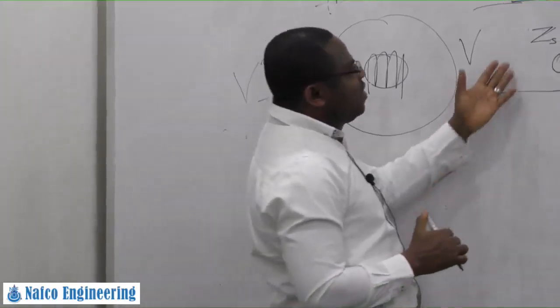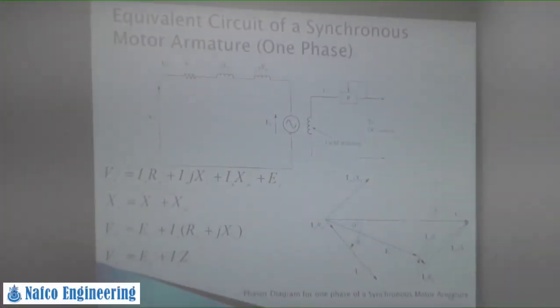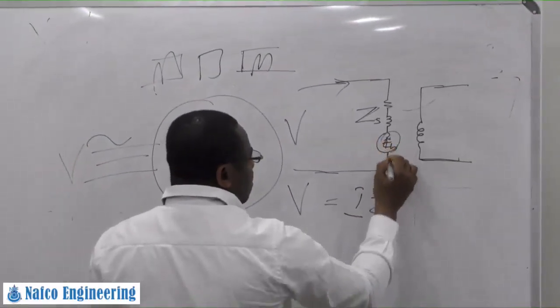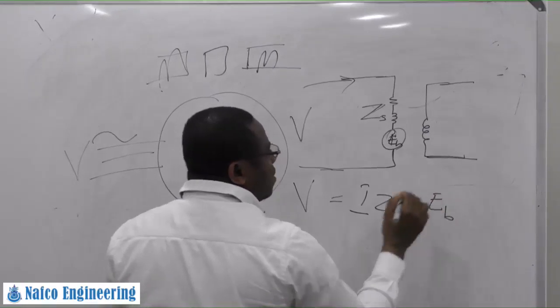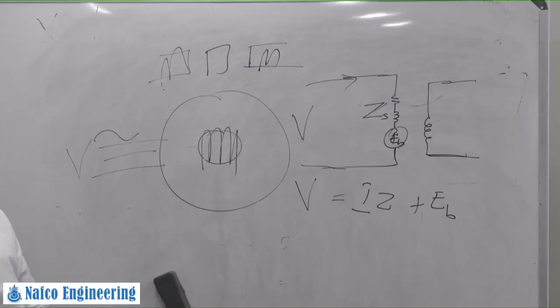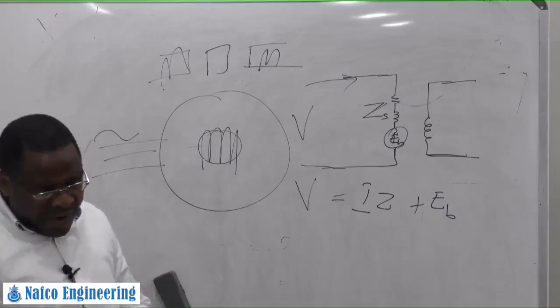So we still write the same equation by saying this voltage will take care of the current flowing, I times Z, plus E back, the back EMF. So we still have the same, just like a DC motor. We have the terminal voltage V equals E_b plus IZ.